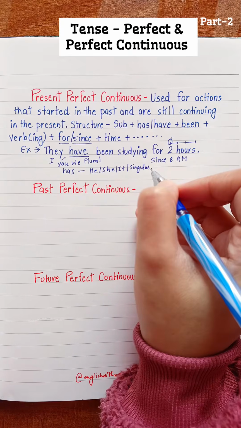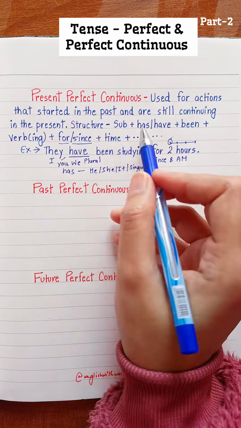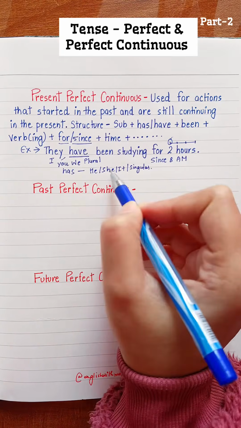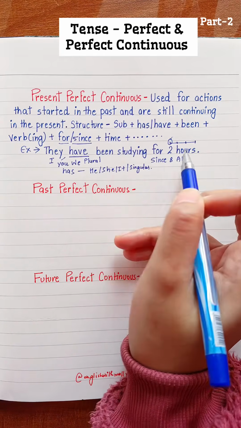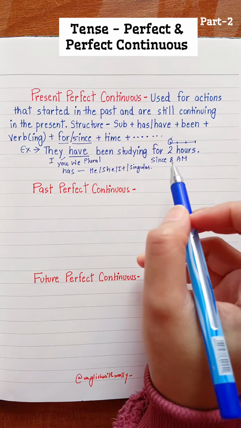All you need to do is follow the structure. Like, he has been studying for 2 hours, or she has been studying since 8 a.m. This is what the rule says.